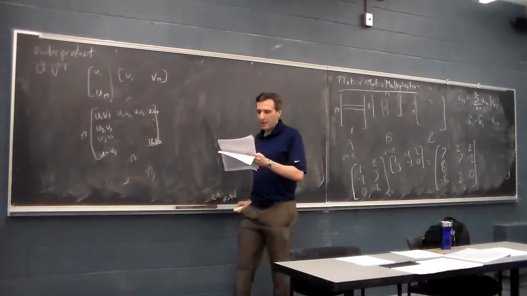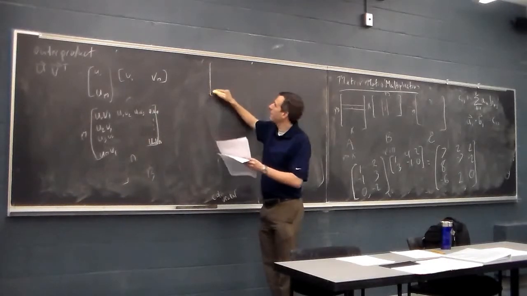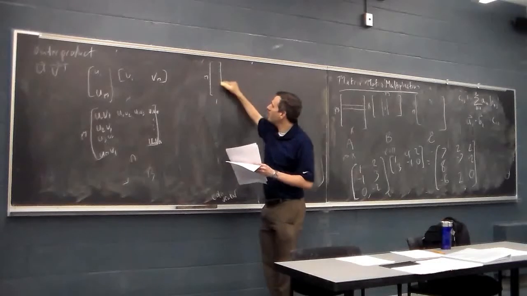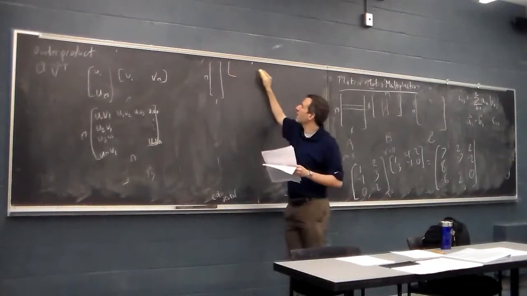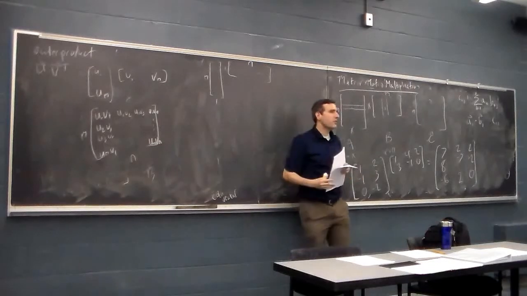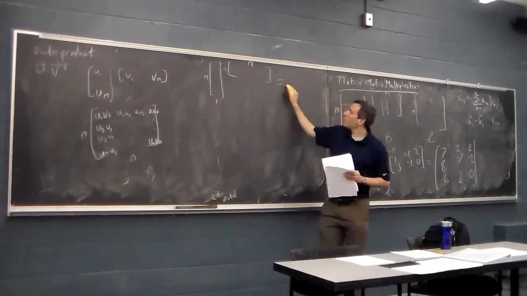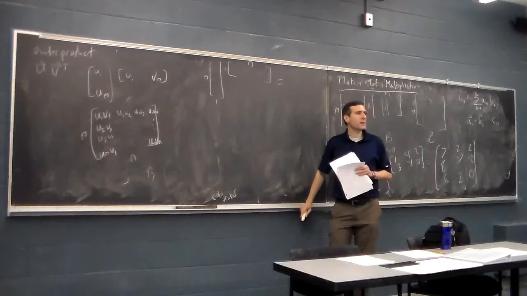So if we have an outer product, in this case we are taking an m by 1 vector multiplied by a 1 by n vector, then if you follow the general rules of matrix multiplication that we've seen, what should the dimensions of the product be?